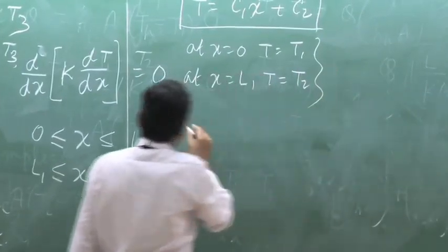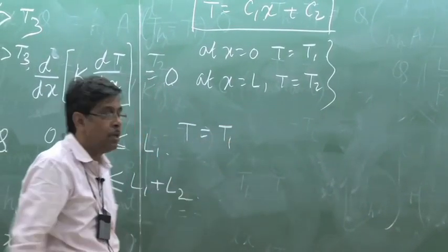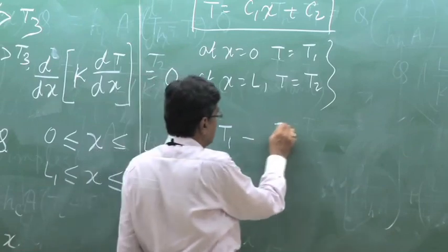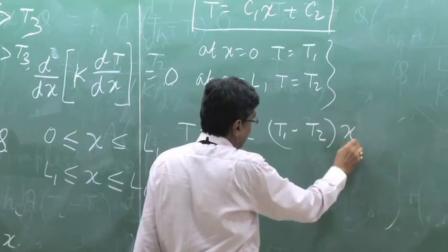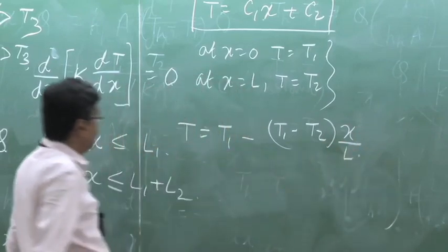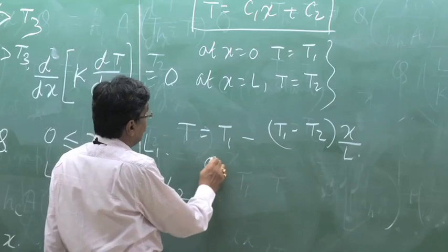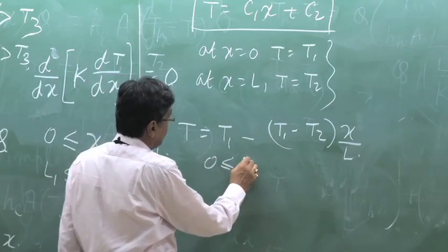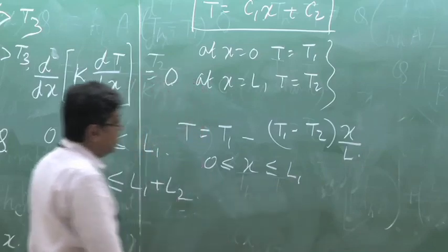We immediately get the expression T equals T1 minus (T1 minus T2) times x by L1, which is valid for 0 less than or equal to x less than or equal to L1.